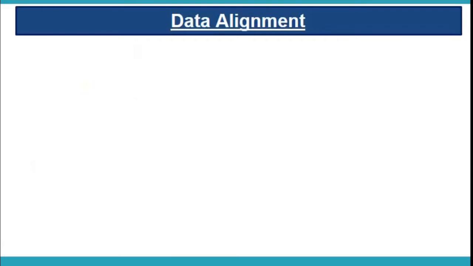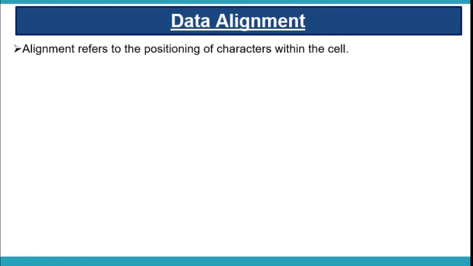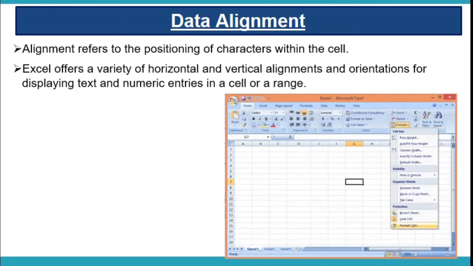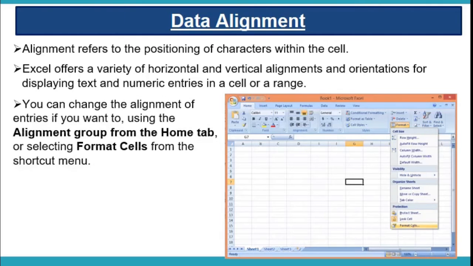Data alignment. Alignment refers to the positioning of characters within the cell. Excel offers a variety of horizontal and vertical alignments and orientations for displaying text and numeric entries in a cell or a range.